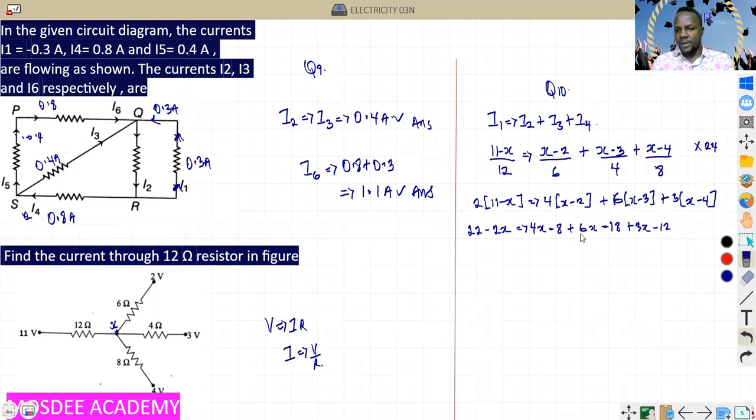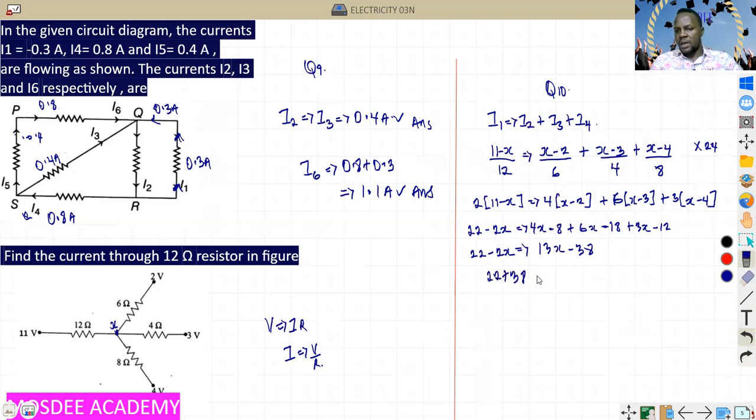Collect your like terms. 4X plus 6X are 10X. 10X plus 3X are 13X. We have this is minus 38 is equals to 22 minus 2X. So directly here you can say you have 22 plus 38.